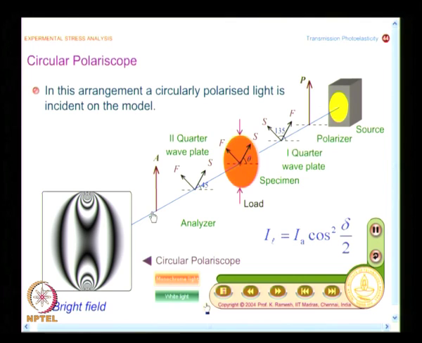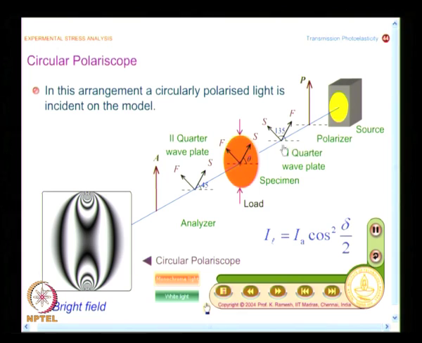So, in a circular polariscope, I have two elements before the model and two elements after the model. And if you watch it very carefully, the fast and slow axis and the slow and fast axis of the second quarter wave plate are crossed.